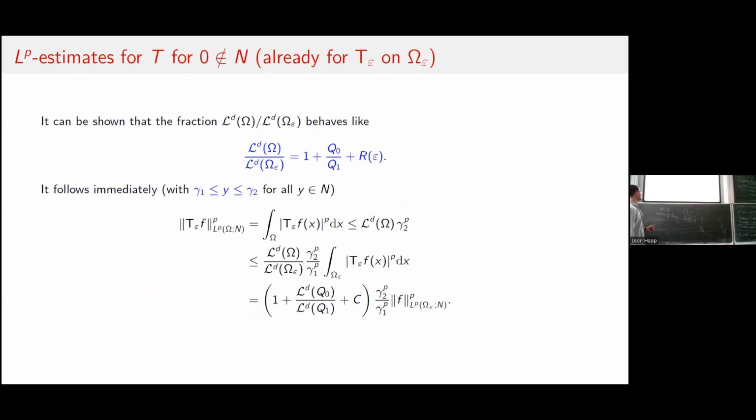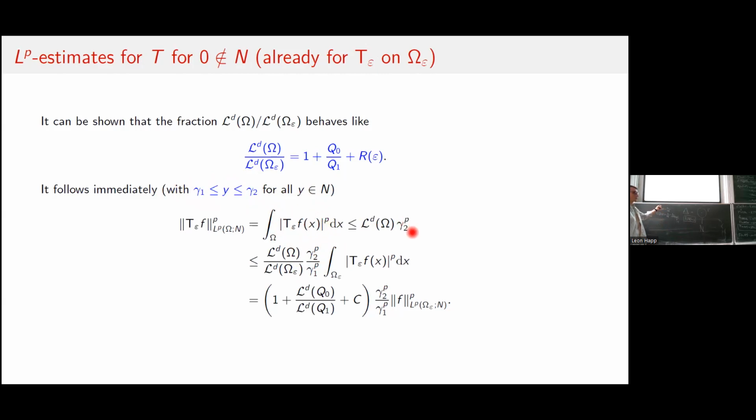Okay. What about the case that 0 is not in N? As I said, the target manifold is bounded from above and below, in the sense that every Y in N can be estimated from below by some gamma 1 and above by some gamma 2. If you look at the LP norm here, you can pull out the supremum of this value, because it's always an element of the target manifold.